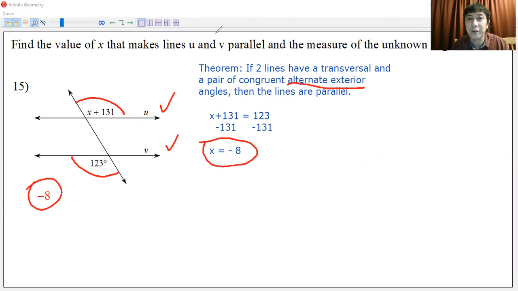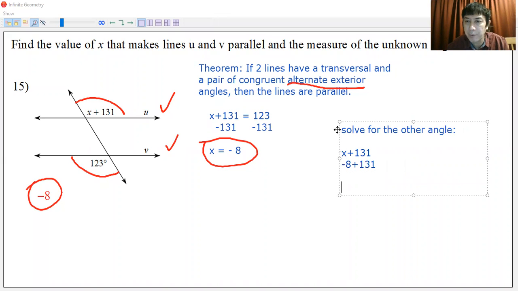We can solve for the other angle. We will use x plus 131. x is negative 8 plus 131. That's 123 degrees.